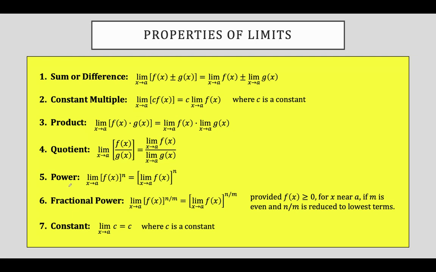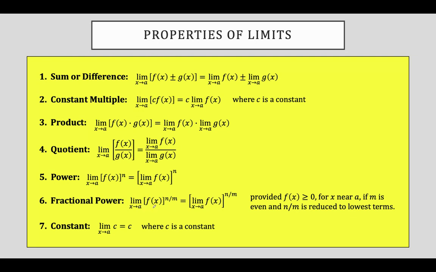The power rule for limits. The limit as x approaches a of f of x raised to the nth power, well, the power rule says that we can evaluate the limit as x approaches a of f of x and then raise that quantity to the power afterwards. Our fractional power rule is very similar.